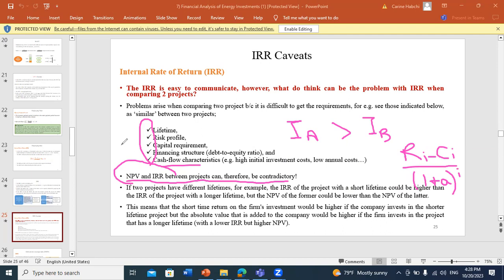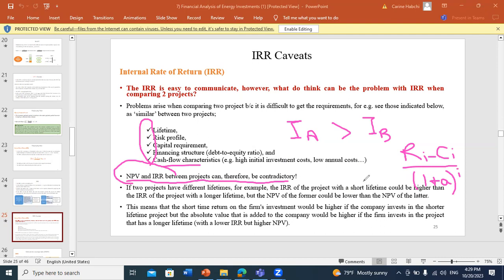So if two projects have different lifetimes, for example, the IRR of the project with a short lifetime could be higher than that of the project with a longer lifetime, but the net present value of the former could be lower than that of the latter. That's because whenever we have a longer period, we have larger risks, so a lower discount rate.